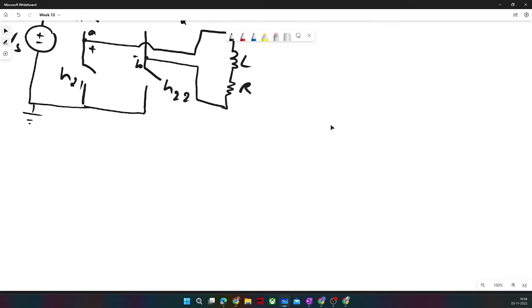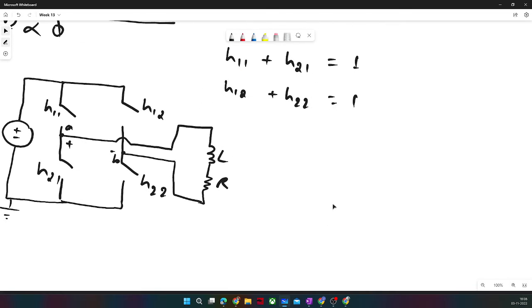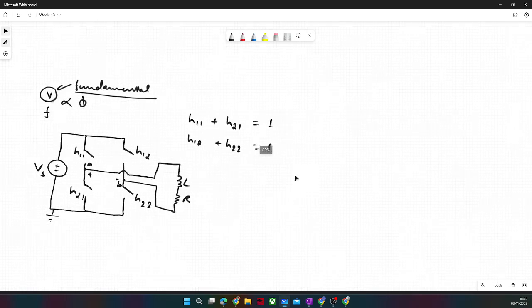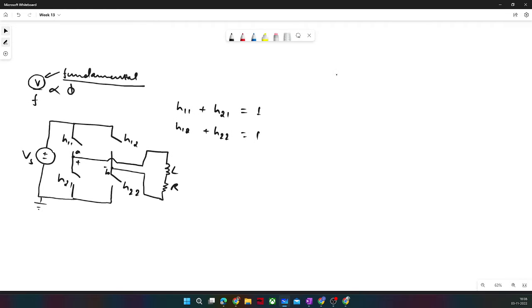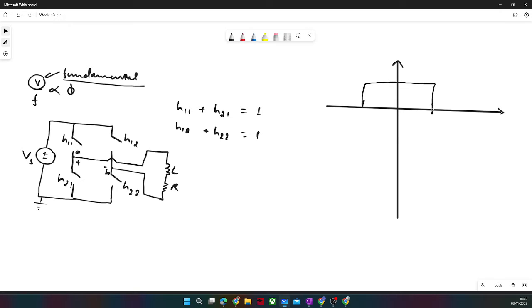So let me draw the pulses. This kind of pulses we always give for our convenience. It can be shifted.